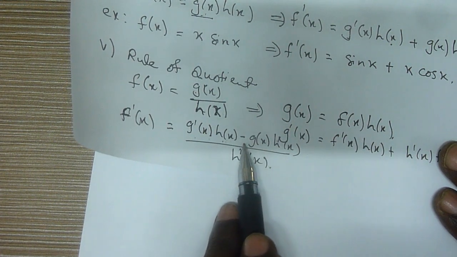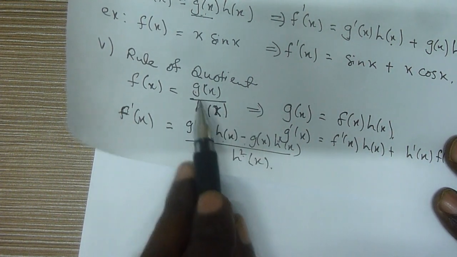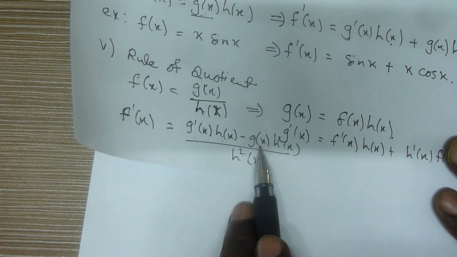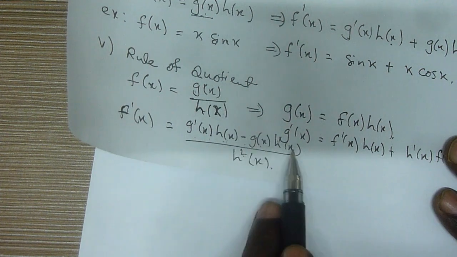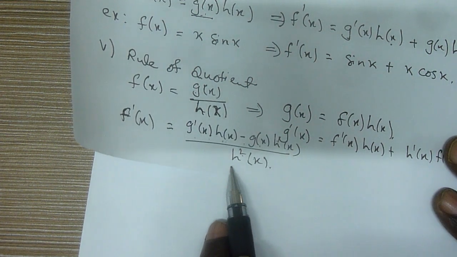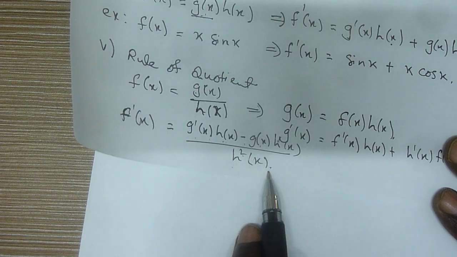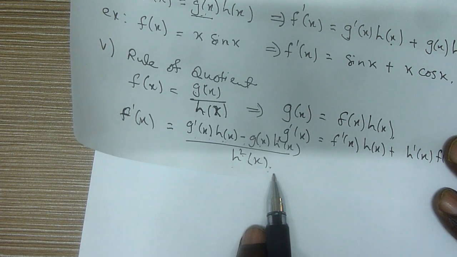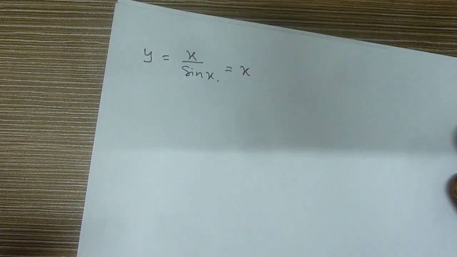After that minus, then again you retain g(x) as a constant and differentiate the h(x), then you need to make that h(x) as a power 2. Okay, now let us move.